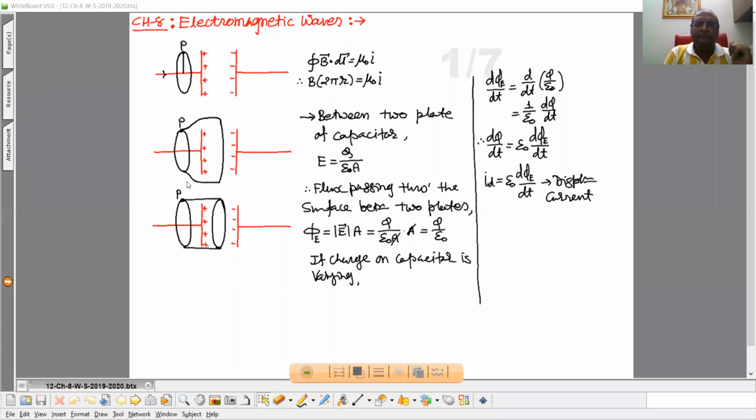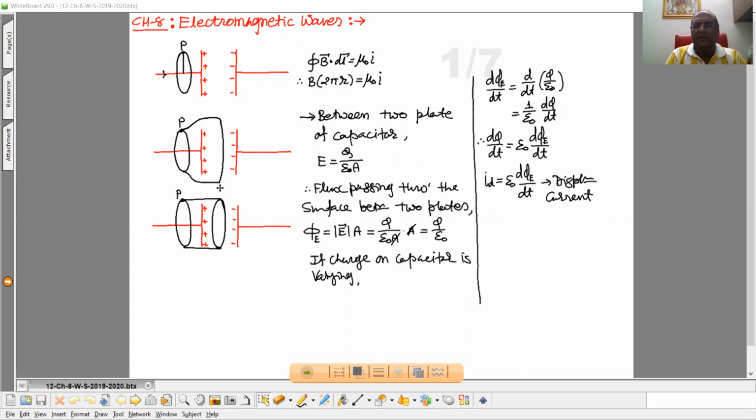suppose we consider another type of surface for which the boundary that remains this same loop. So here if we consider the pot type surface like this, the bottom of it that is passing between two plates of the capacitor.